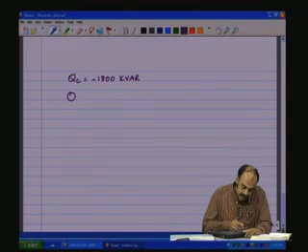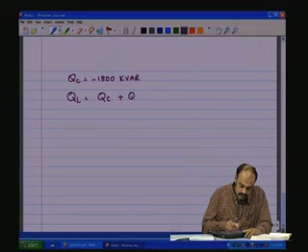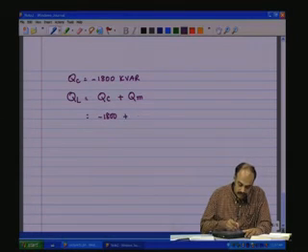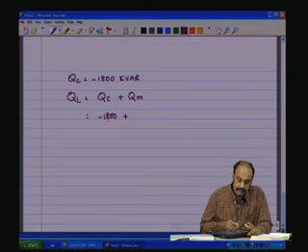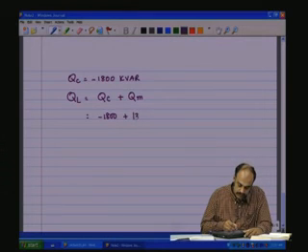On the line side, what you actually see is QC plus QM of the motor, which is minus 1800 plus 1395, because this is capacitive, whereas QM is positive, which is inductive.